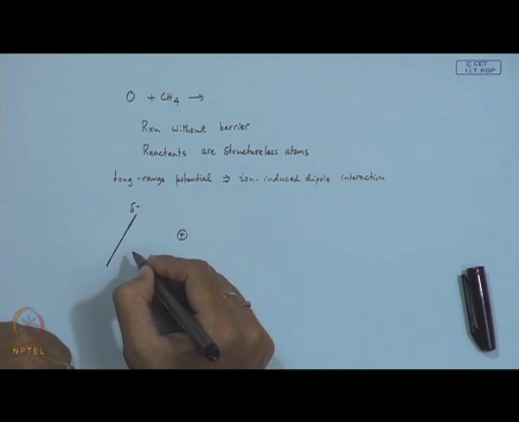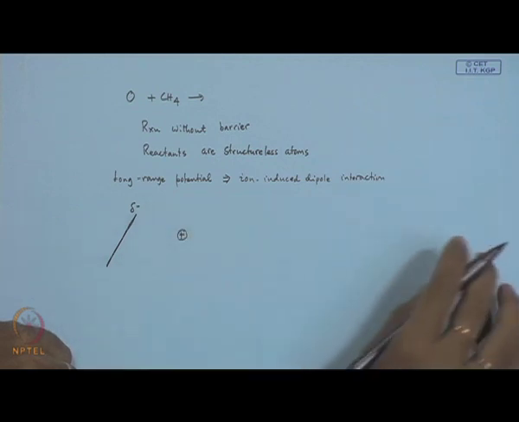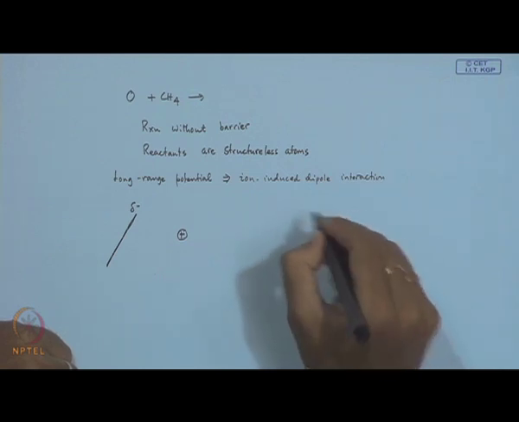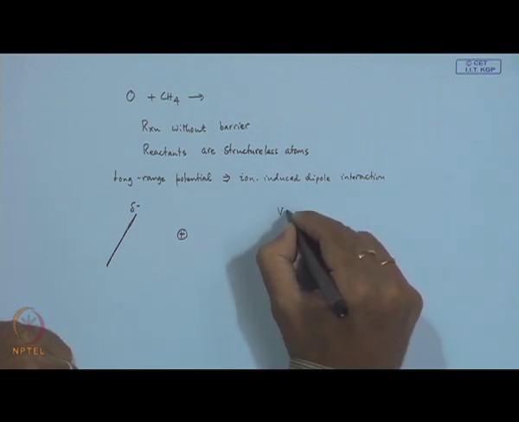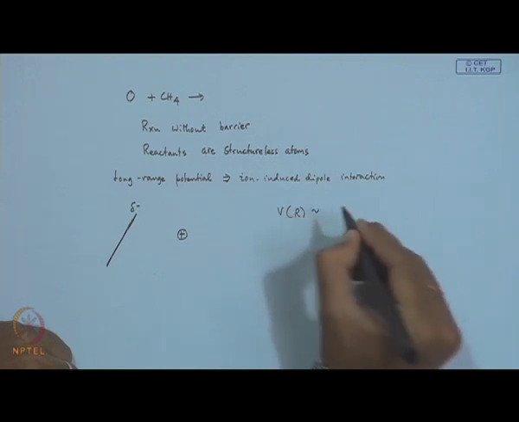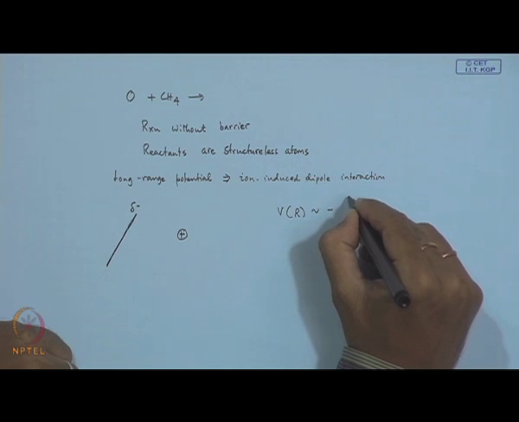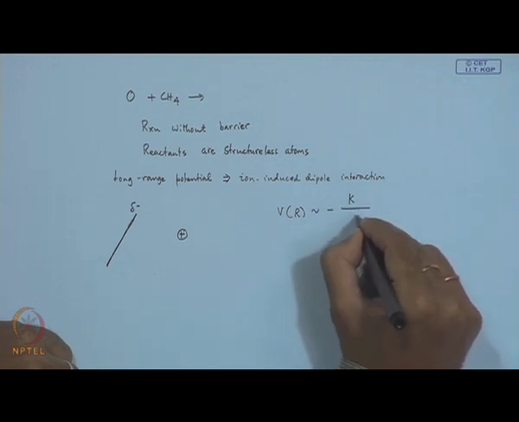Okay. And it is a long range interaction, and generally it is written as r to the power 4. So, V(r) goes as something like minus k divided by r to the power 4.